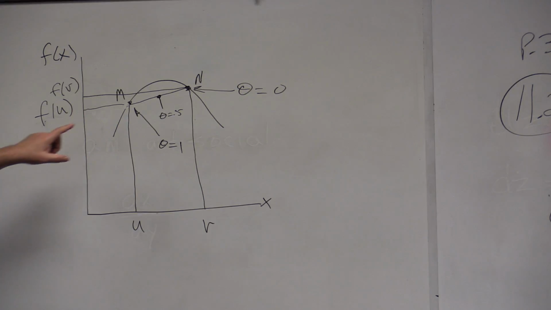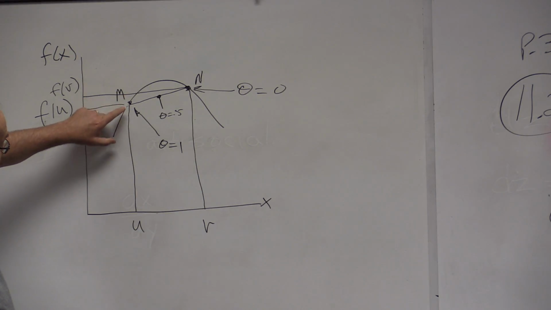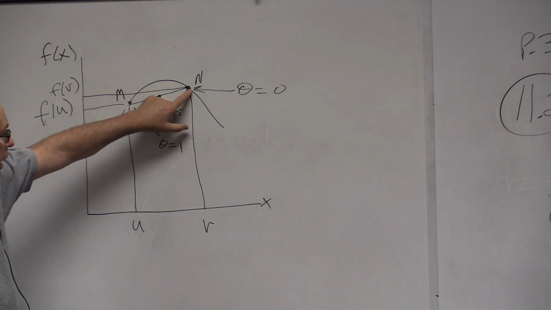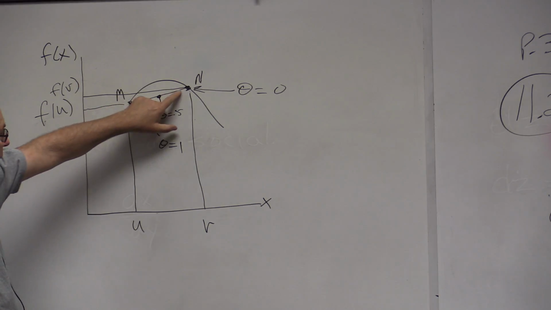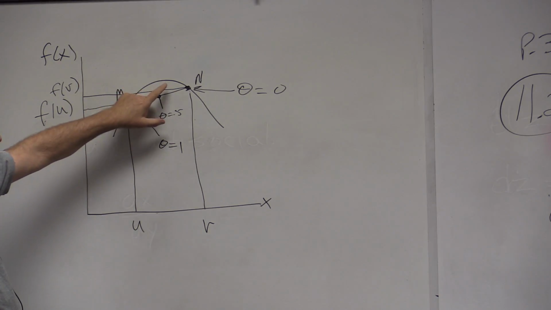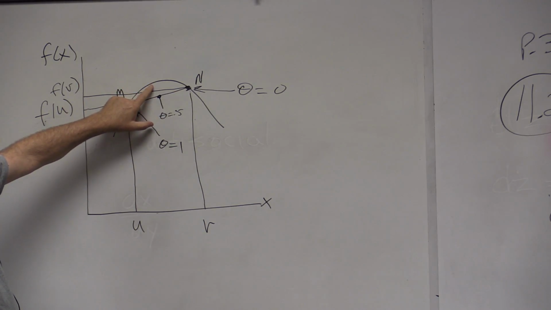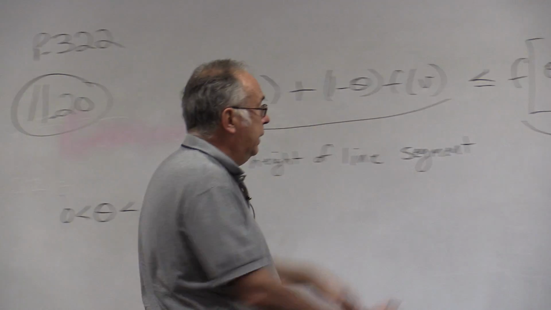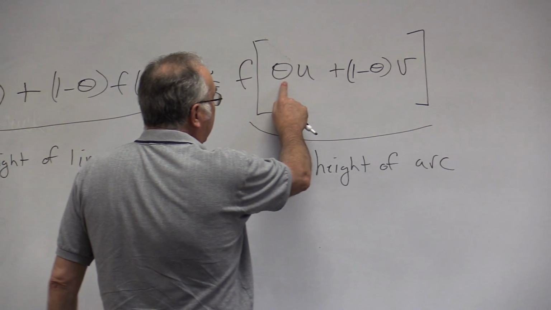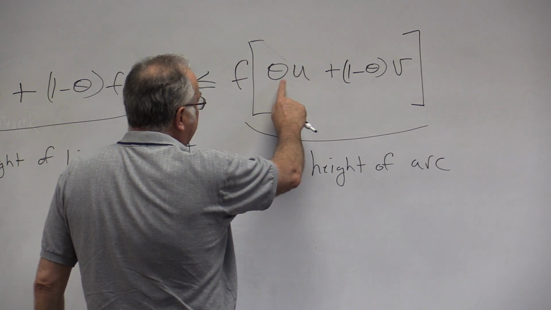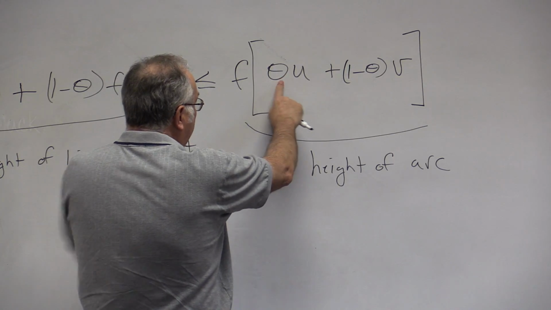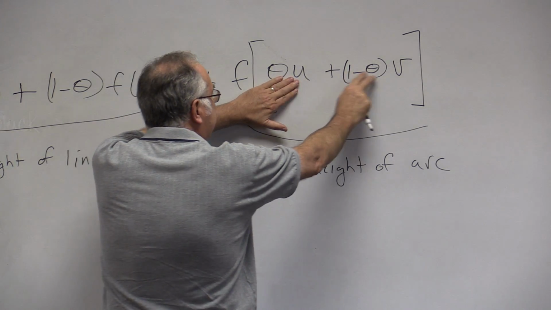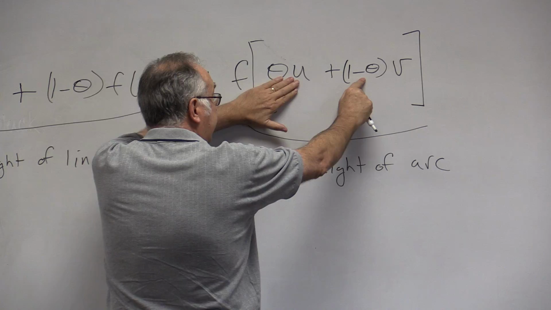So for all values of theta between 0 and 1, this line has to lie on or below the actual value of the function. This part right here, if theta equals 1, is f of u, because 1 minus theta would be 0.